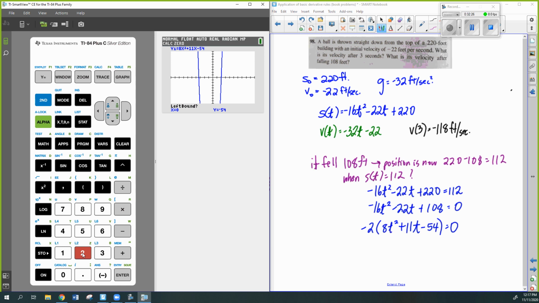So I need to go to the right because I only care about the positive one. You got to pick something to the left, pass it, something to the right, and then whatever the calculator will let you get as close as possible. Okay, you got to hit enter 3 times.